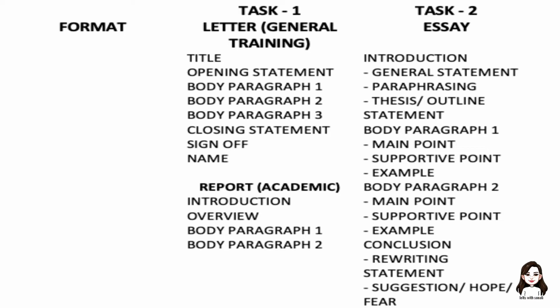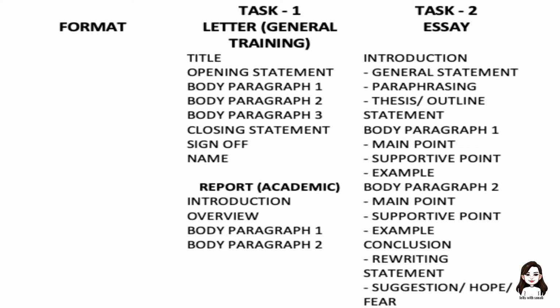We will discuss what an overview is, what you need to write in the introduction and all that later. Then you need to mention body paragraph 1, body paragraph 2. In the whole part of this report writing, you need to drop one line after every part. After the introduction you need to drop one line, after the overview you need to drop one line, and same in between both of the paragraphs there should be one blank line.